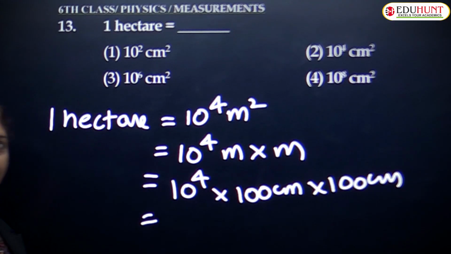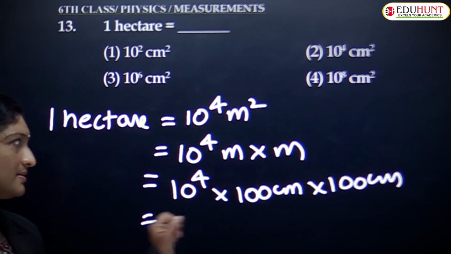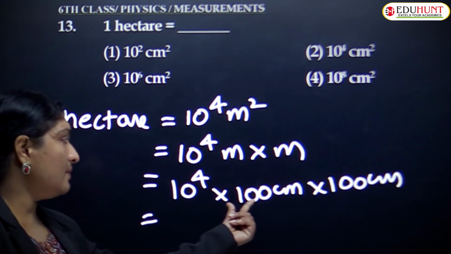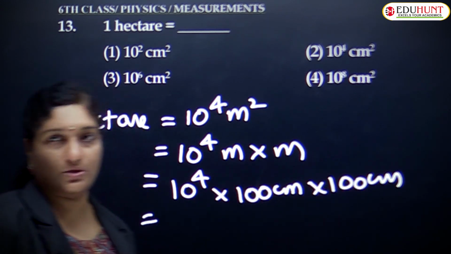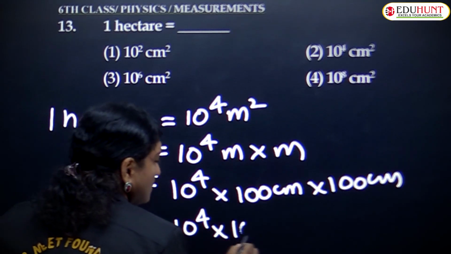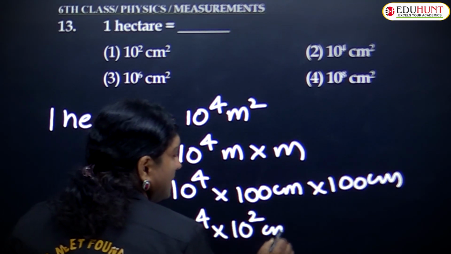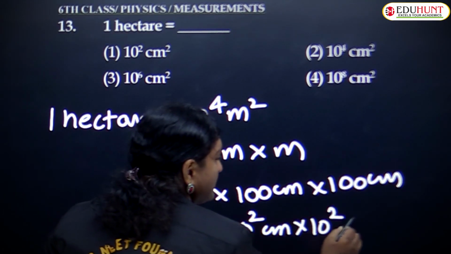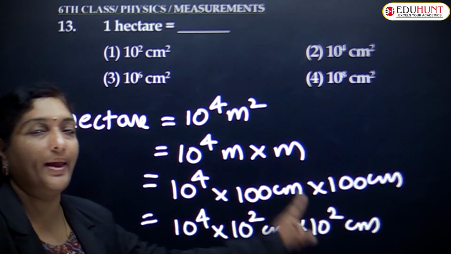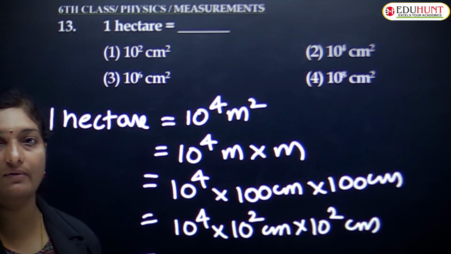Yes or no children? 100 means 2 zeros, here also 2 zeros. So finally you have 10 power 4 into 10 square into 10 square centimeters. So 4 plus 2 plus 2, how much total? 10 power 8.